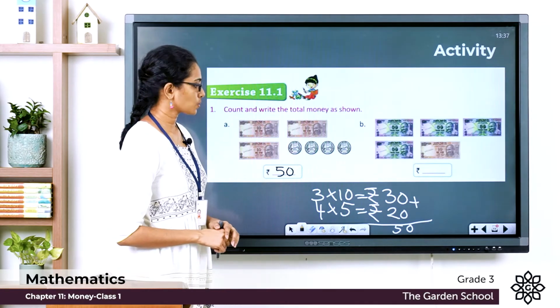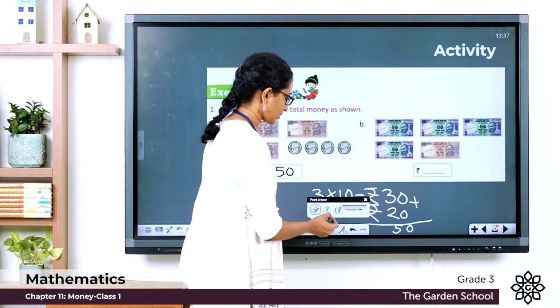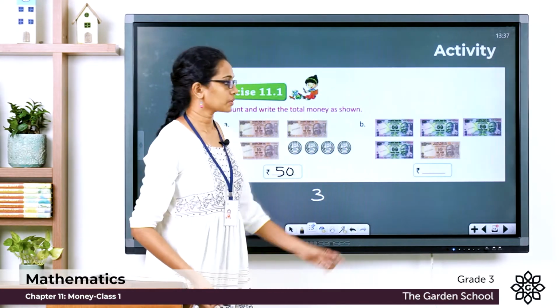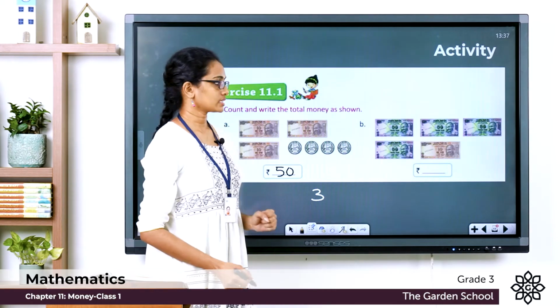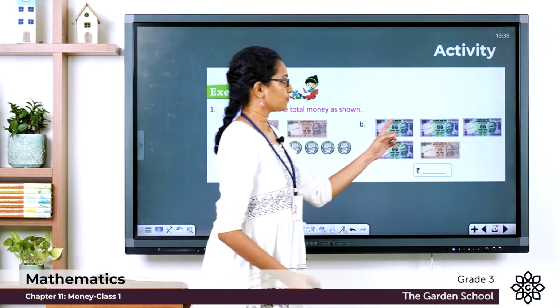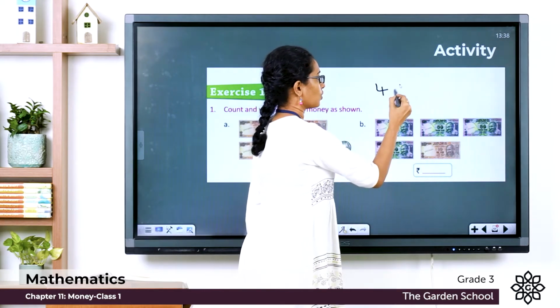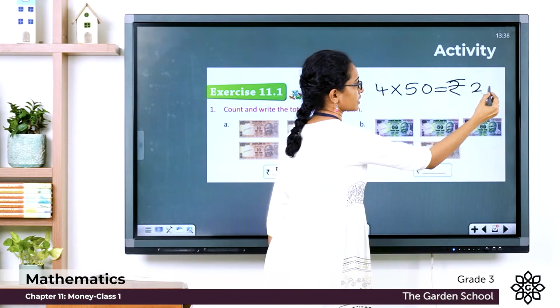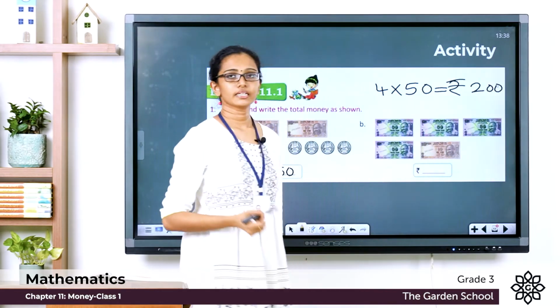Now let's do the next one. Question B. In question B, you can see 4 50 rupee notes are given and 1 10 rupee note is given. So 4 50 rupee notes means how much? 4 into 50, which is equal to rupees 200. And there is 1 10 rupee note.